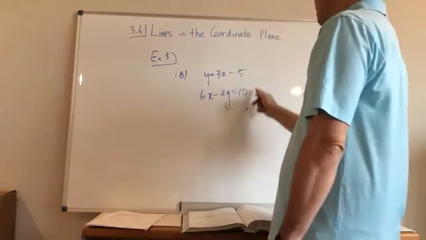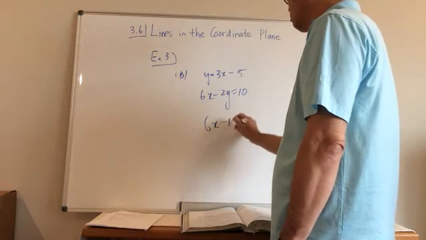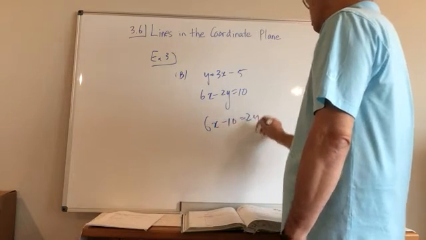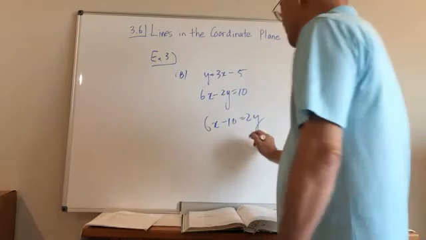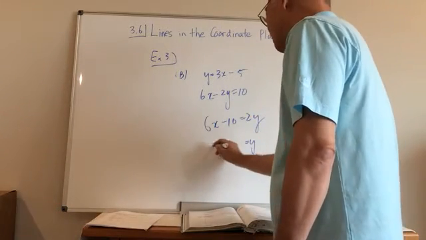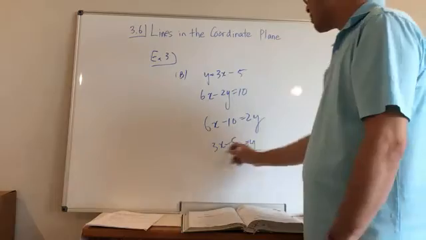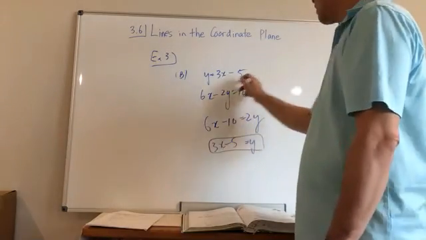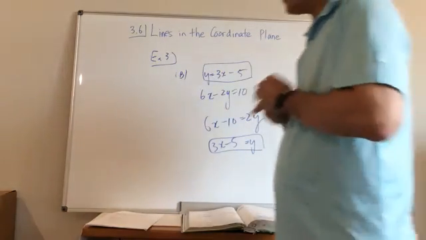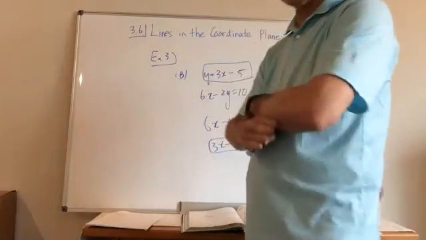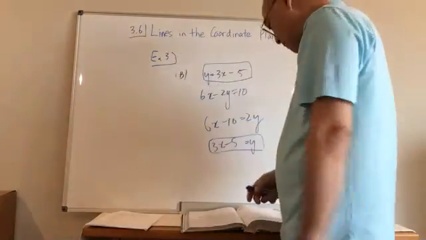We're going to move the 2y over here and the 10 over there. If I divide both sides by 2, I'm going to get y is equal to 3x minus 5, which just happens to be the exact same thing over here. So there are two identical lines that coincide, right on top of each other.